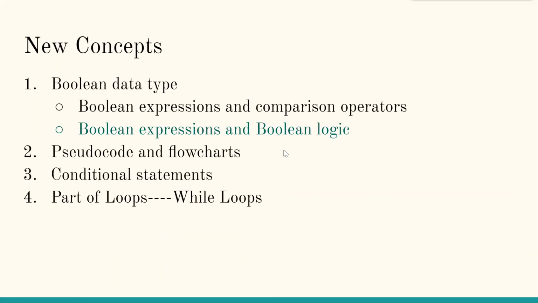Okay, in this workshop, we're going to introduce some new concepts. The first part is the Boolean data type, and we're going to learn Boolean expressions, Boolean comparison operators, and Boolean logic operators. The second part introduces the principle of algorithms, where we will use pseudocode and flowcharts to help us understand.